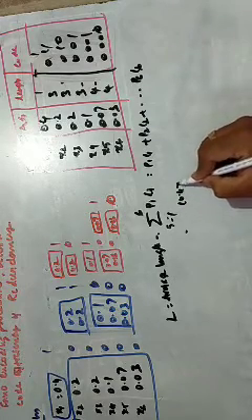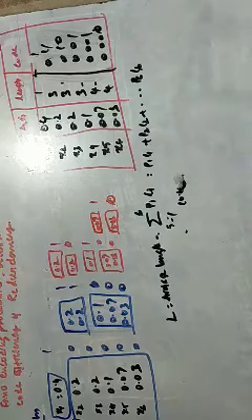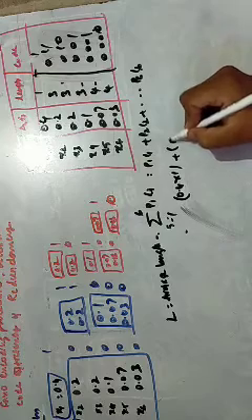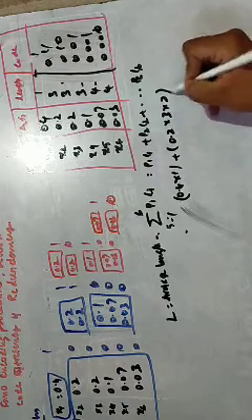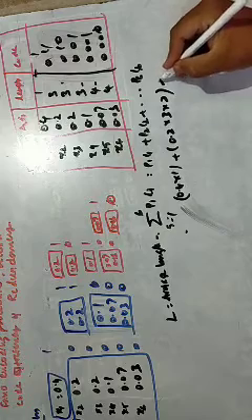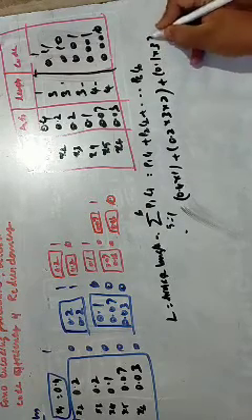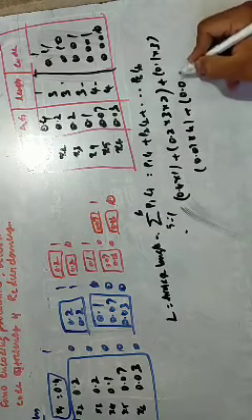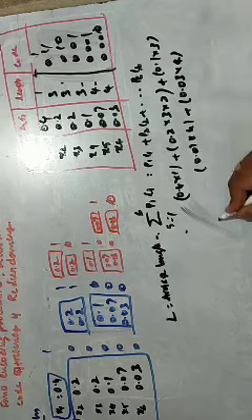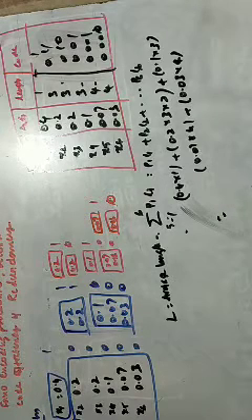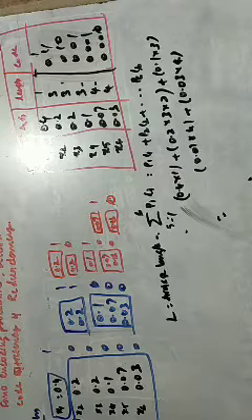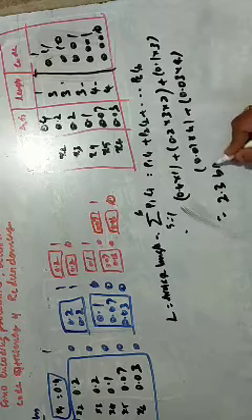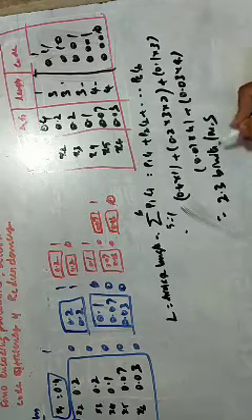It is 0.4 into 1 plus 0.2 into 3 into 2, plus 0.1 into 3 plus 0.07 into 4 plus 0.03 into 4. With this, the average length is 2.3 bits per message symbol.